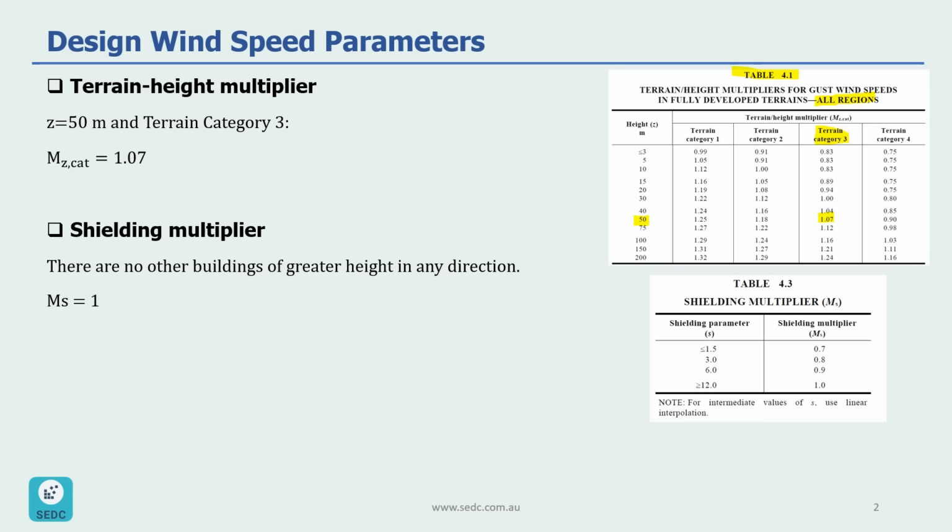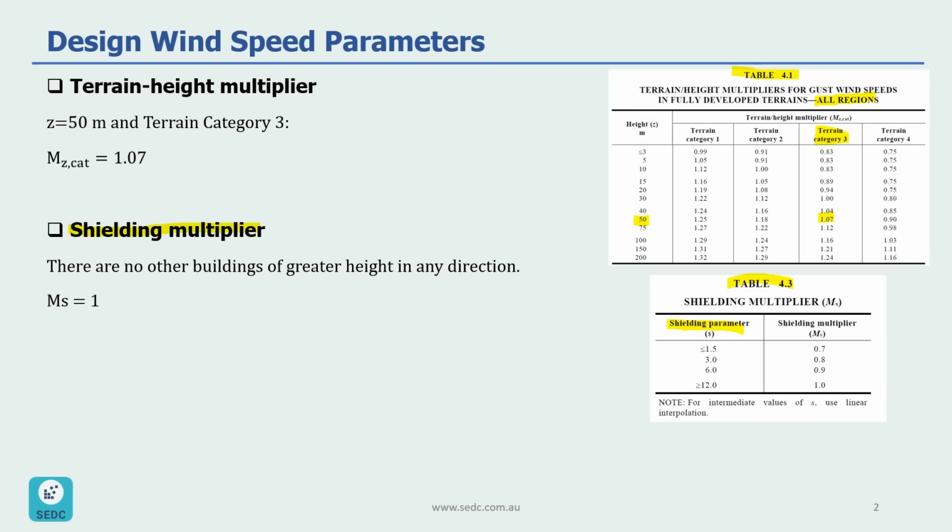The other factor is the shielding multiplier, or MS. For this, we can look at table 4.3. As you can see, there is a shielding parameter here, which depends on the number and spacing of shielding buildings around our building and the height of our structure.